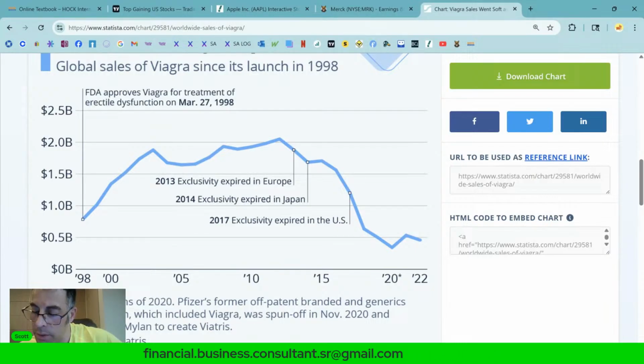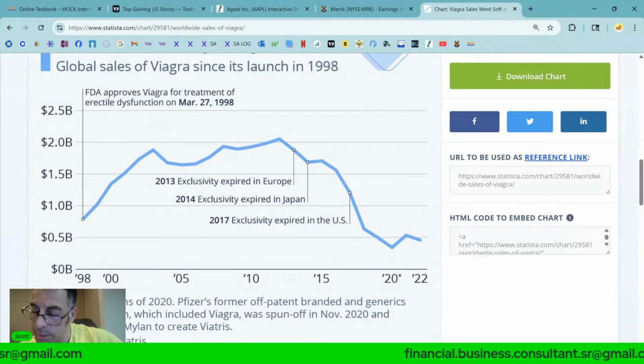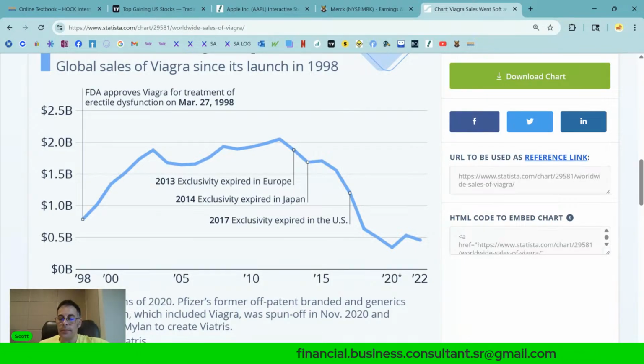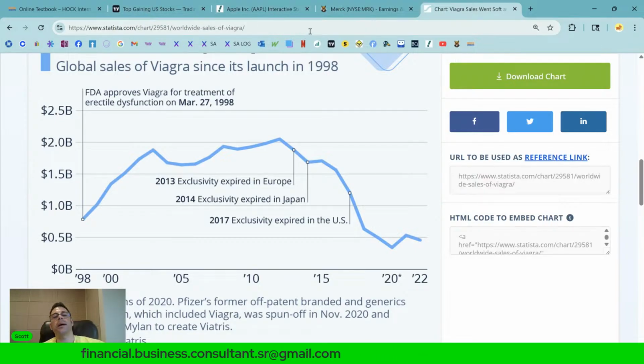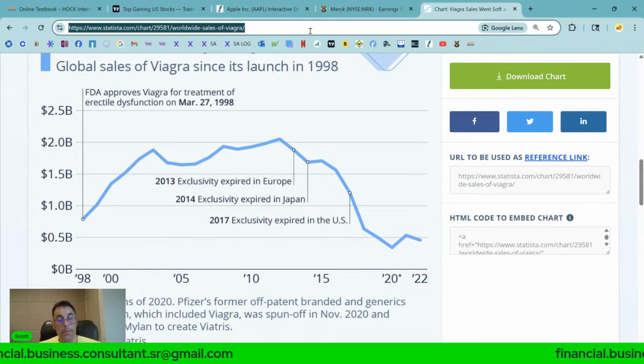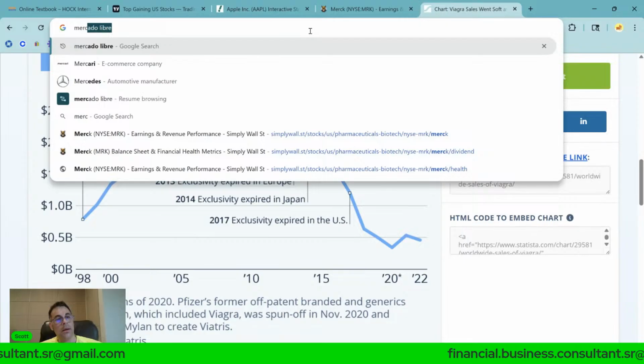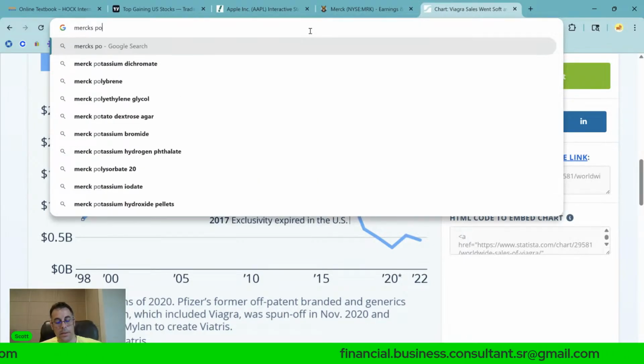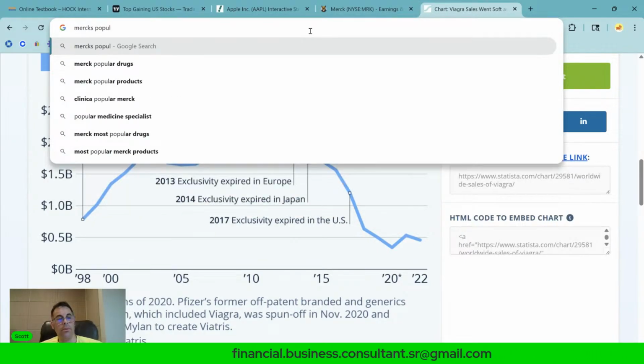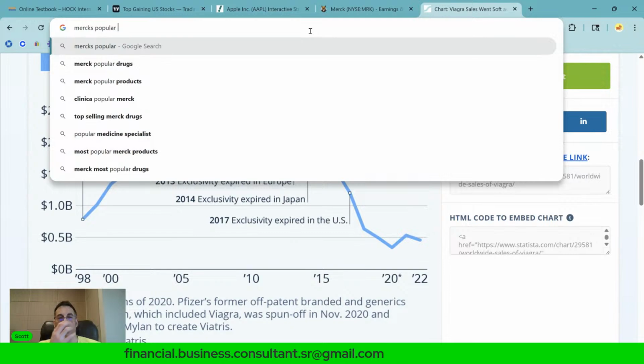I invested in Merck, as 2 people I know died from cervical cancer. They have the treatment via the HPV vaccine and Keytruda. So with a company like this, you want to look at their pipeline and what drugs they have. Which are the more popular drugs, and when does the patent expire on those?